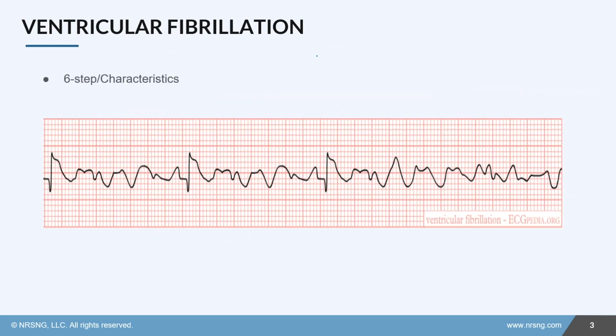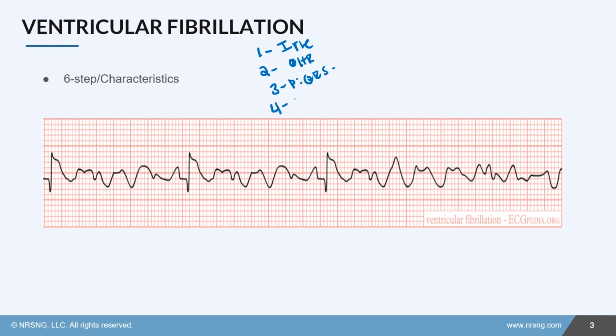So it is actually pretty simple to do the 6-step method because there's not really much you can do. The rhythm is going to be irregular. Heart rate, there's no heart rate. It is just quivering erratically, so there's no way to measure a heart rate. The P to QRS ratio, it is not measurable because there's no P waves. There's no QRS.